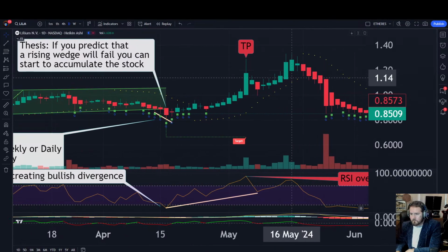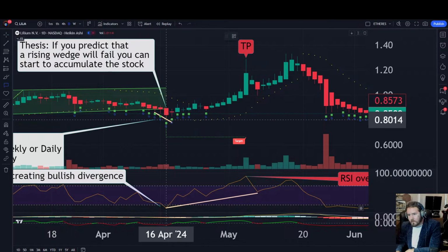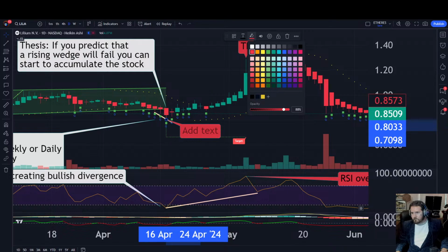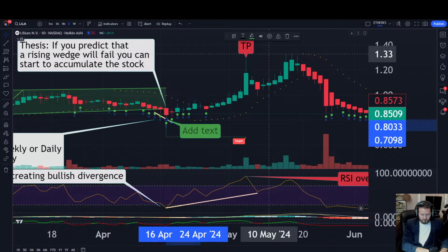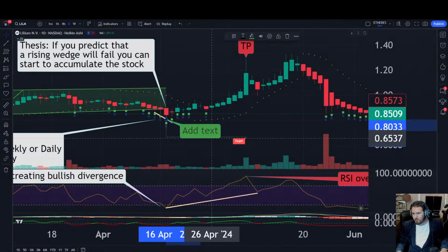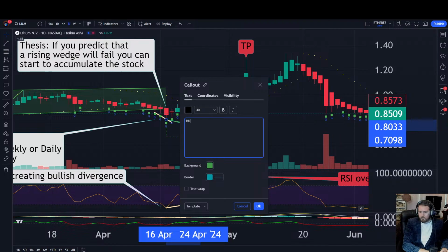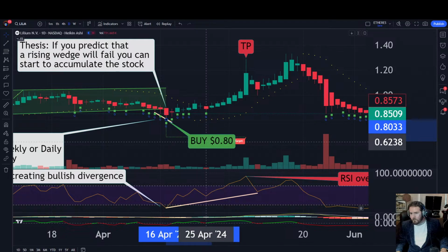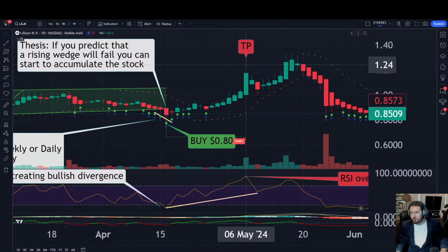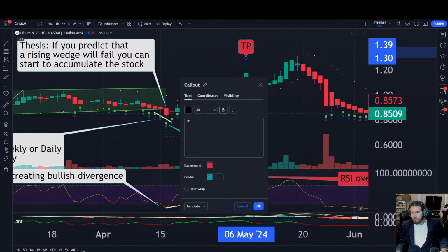So let's say you accumulate at 80 cents. If they bought it at 80 cents, take profit at $1.25.